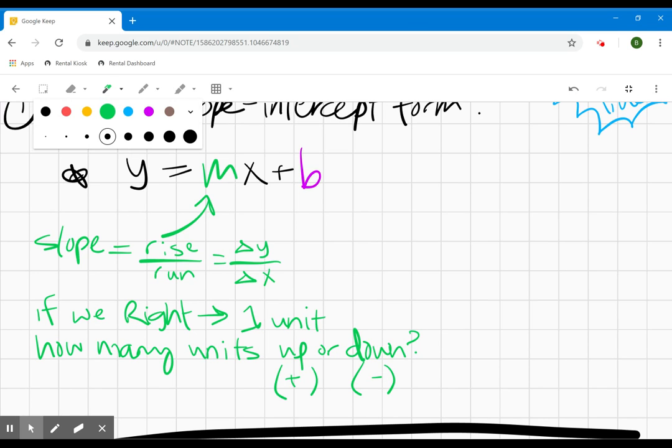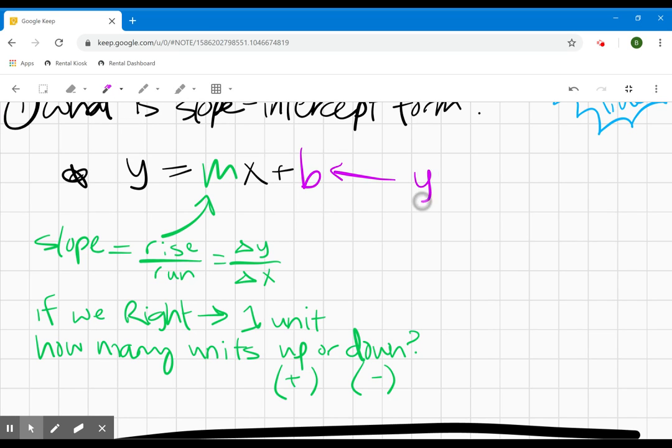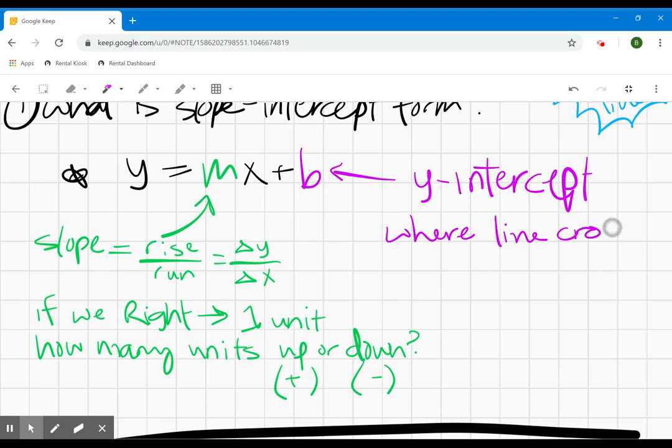Now, the b in your equation, that is for the y-intercept. Now, what is the y-intercept? Good question. Y-intercept is essentially where the line crosses or intercepts with the y-axis.